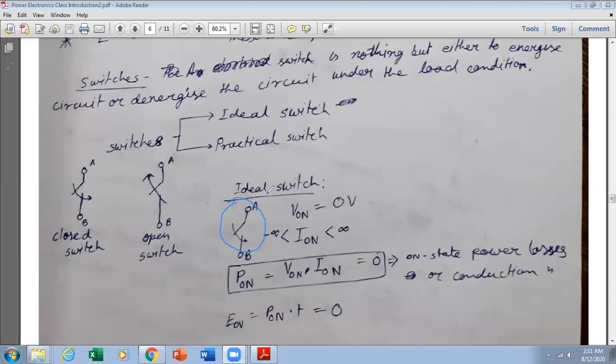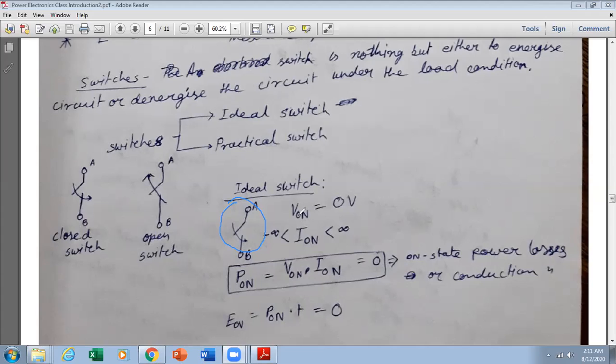Okay. So a switch is actually the contact of wires. Wires disconnected means open, and wires connected means closed. So this switch is an ideal switch. When it is closed, the voltage drop across it is 0 and the current passing through the switch is infinite.